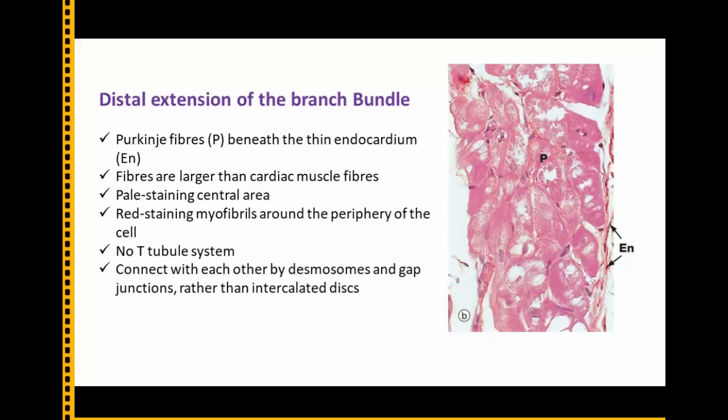So, when you get a histology slide from the area where Purkinje fibers are, you will see this kind of fibers. They are usually larger than the usual myocardial muscle cells and their center is paler stained.